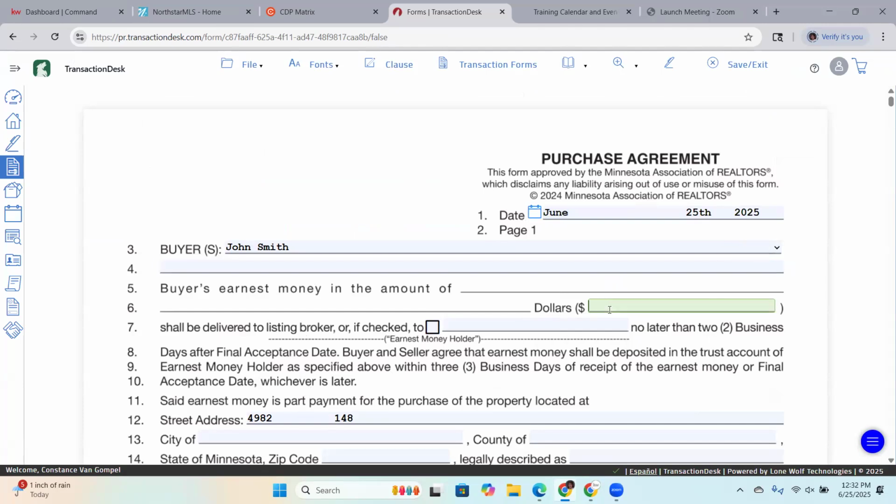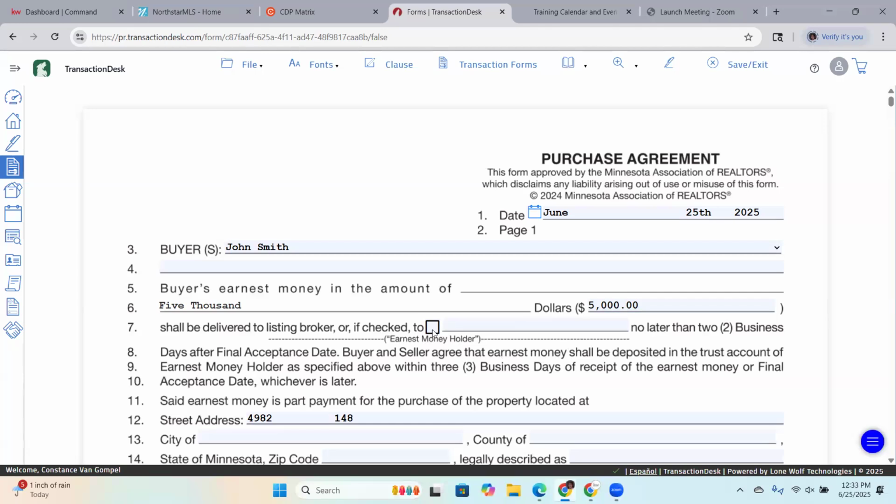In here, you need to put in what your earnest money is gonna be. So we're gonna do 5,000. This box gets checked if the earnest money is not going to the listing broker. Okay? If you have a buyer and for some reason earnest money's coming to this office, you have to check that box and put our office name in there.